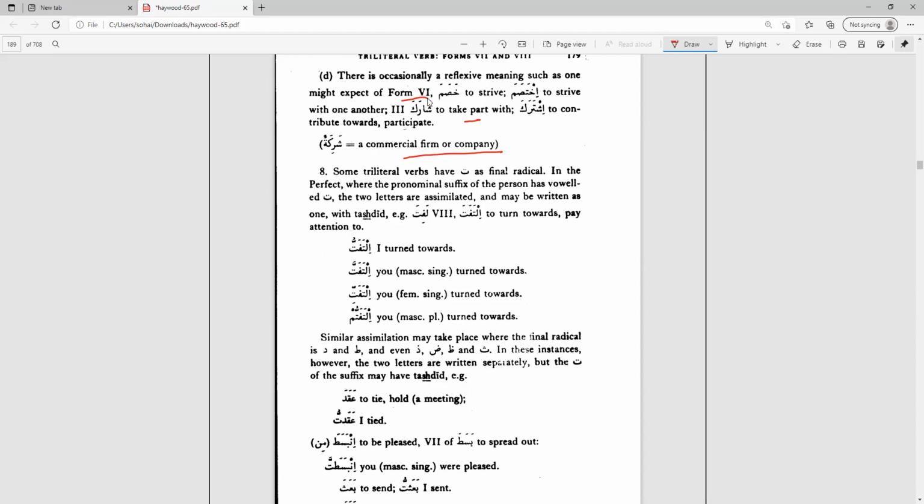Okay, so another thing he mentions here is if the final root letter is ta in the perfect, so in the madi, because we also have the ta of ana and so forth. If that's the case, then the root letter and the additional ta will join together. So it becomes ana iltafattu.